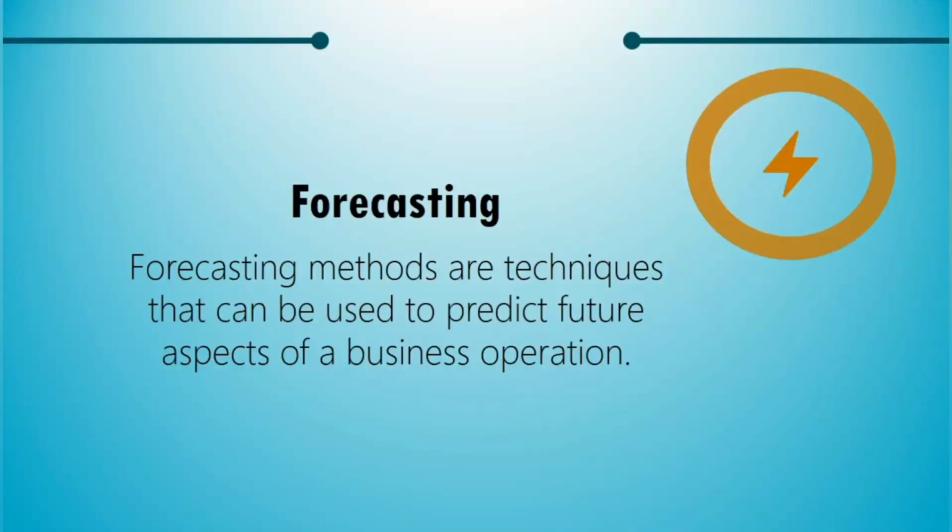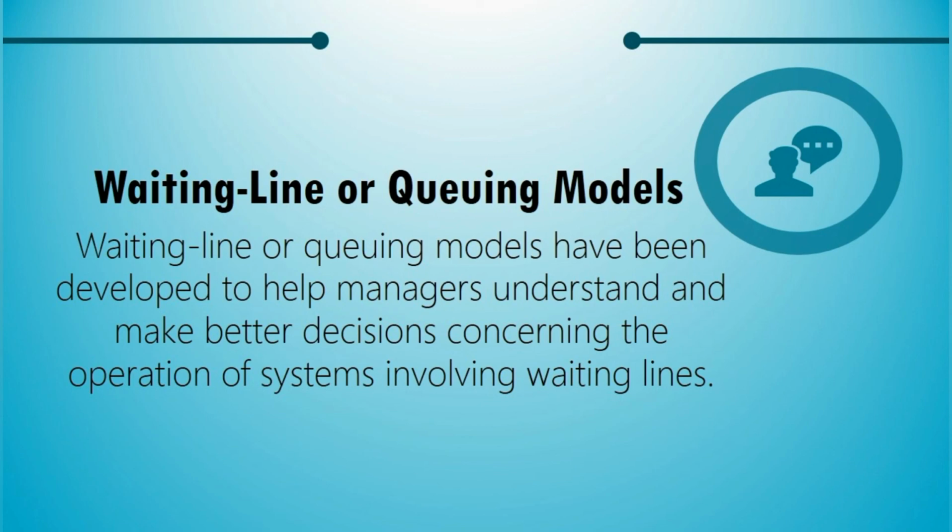We also have the forecasting method, a technique that can be used to predict the future aspects of a business operation. So we are all familiar with this one because this is about looking forward to the future. Then the waiting line or queuing models have been developed to help managers understand and make better decisions concerning the operation and systems involving waiting lines.